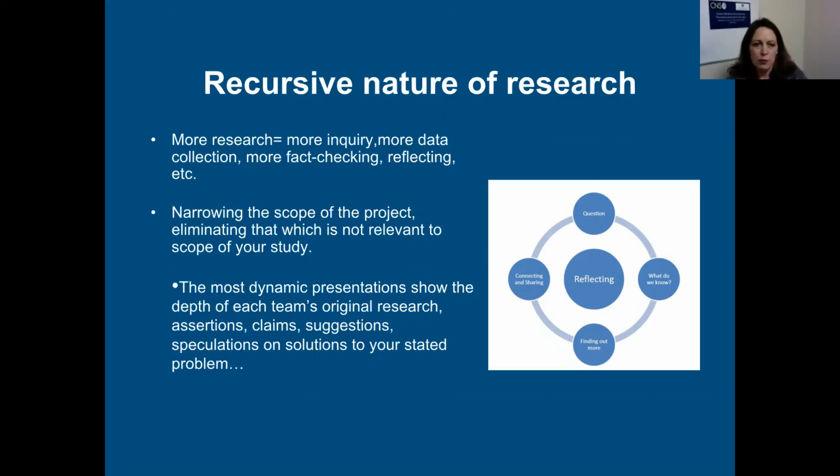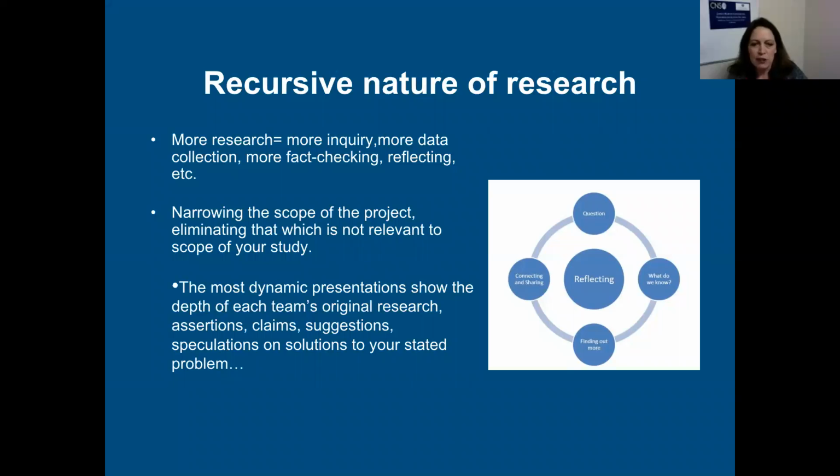Also, narrowing the scope of the projects may sometimes mean eliminating material that's not relevant to one's scope of study. And sometimes that's difficult for students, right? They say, oh, but I spent so much time investigating this one area, and they want to retain it. Or people get very attached to their first drafts, thinking, I've invested so much time, therefore it must be sufficient. But really where the learning comes is through the revision process, right?